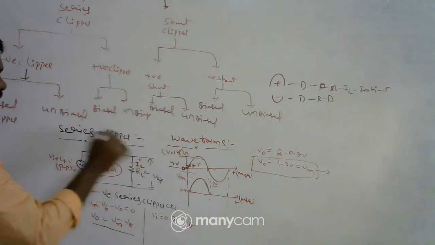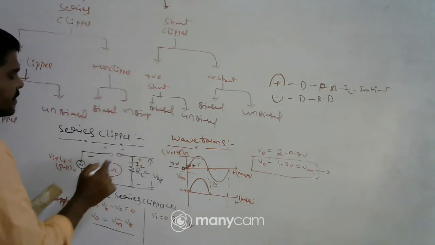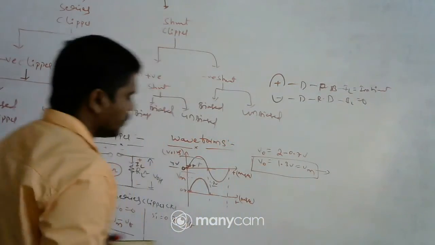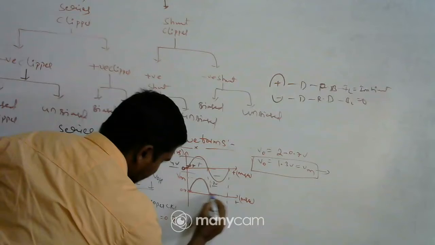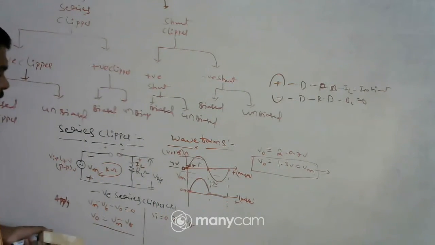So now this diode becomes reverse biased, so the circuit is open circuit. What is the current? 0, resistance is very high. So IL is equal to 0. That's why for a negative half cycle the output voltage is 0.